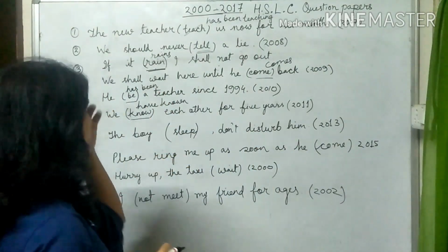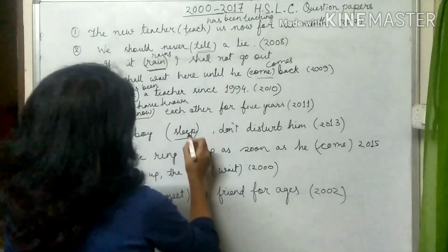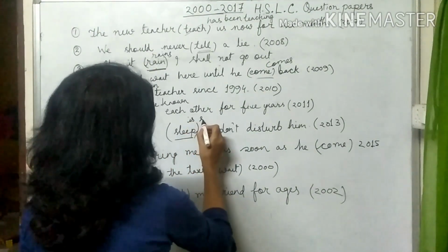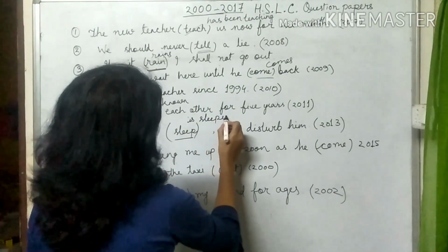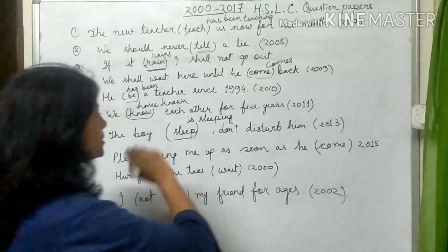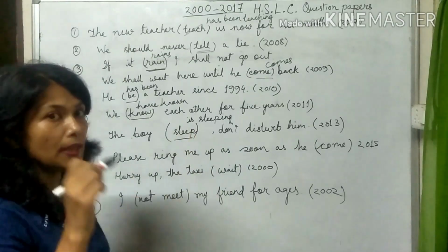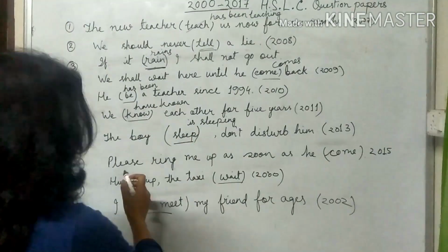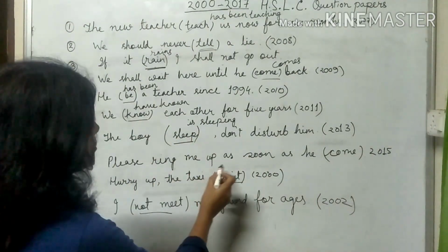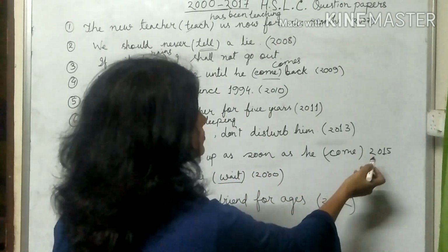So here what will you write? The boy is sleeping or the baby is sleeping. So it is in present continuous because the time is at present. Number 8. Please ring me as soon as he come.